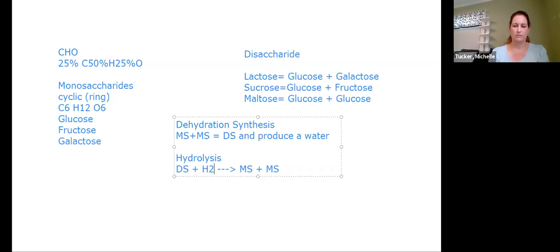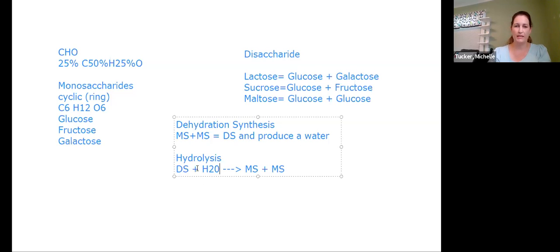I'm going to show you a video on how this all works. You have to break this water and put it back into this monosaccharide and into this monosaccharide to replace the molecules that were lost when you broke it apart. So you have to put one in here and put one in here to make 2 whole units.